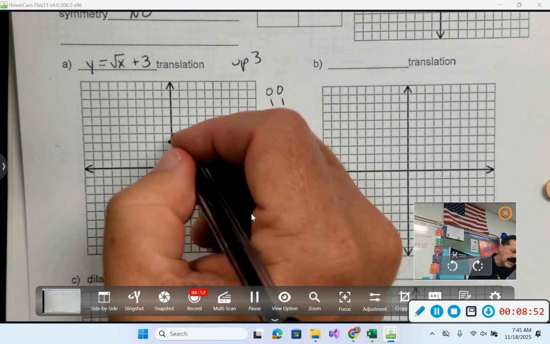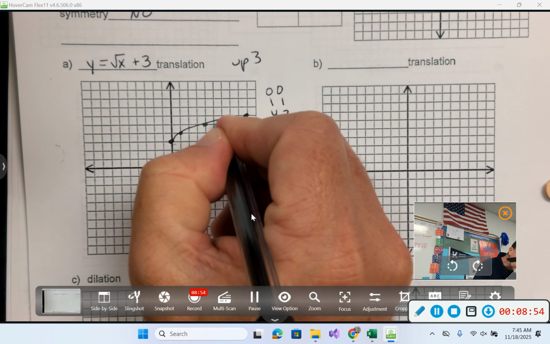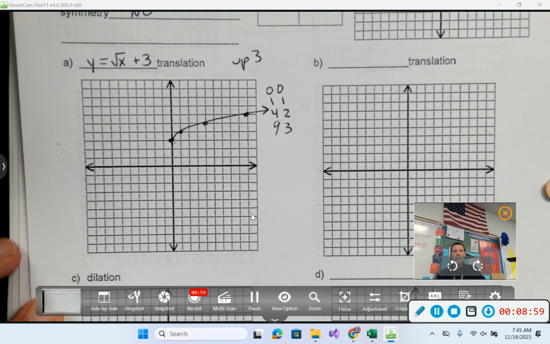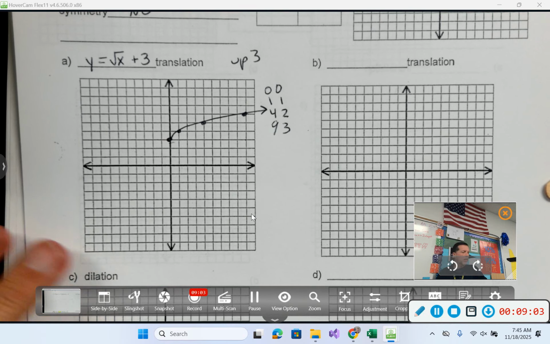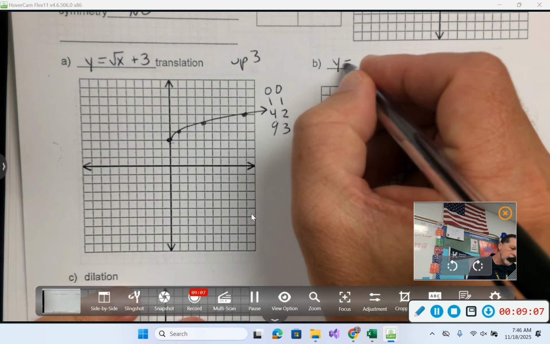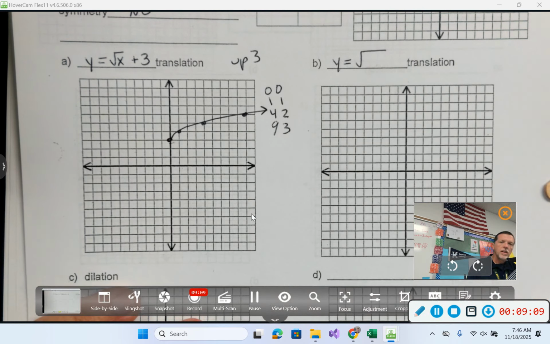And then we've got our square root function. Questions on that? So again, the only new thing really is what does the square root function look like? After that, you know all the rules about moving it around.